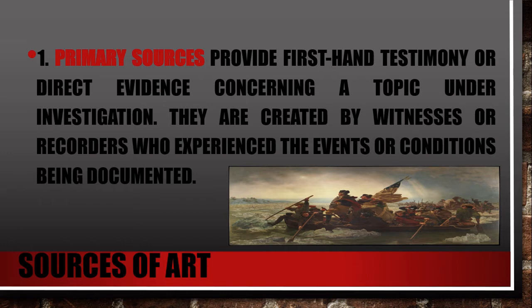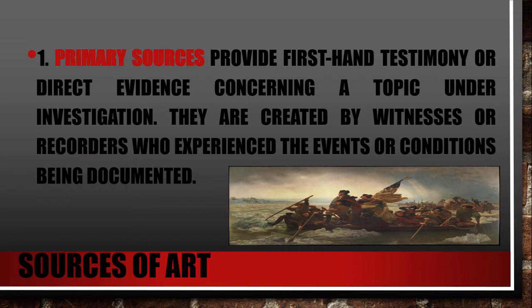Often these sources are created at the time when the events or conditions are occurring, but primary sources can also include autobiographies, memoirs, and oral histories recorded later. Primary sources are characterized by their content regardless of whether they are available in original format, in microfilm or microfiche, in digital format, or in published format.